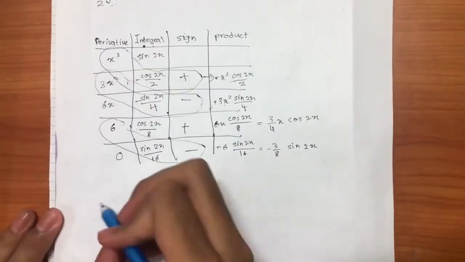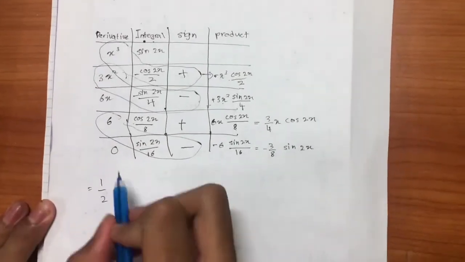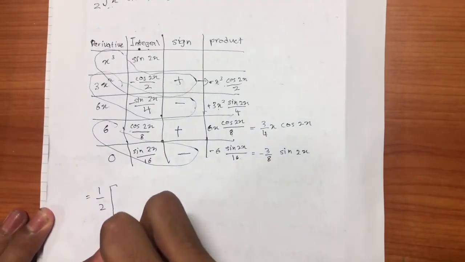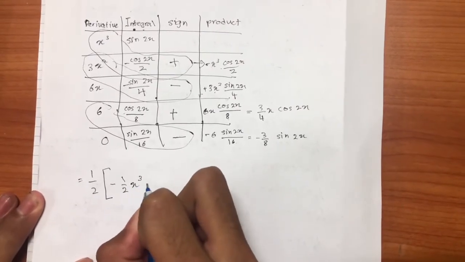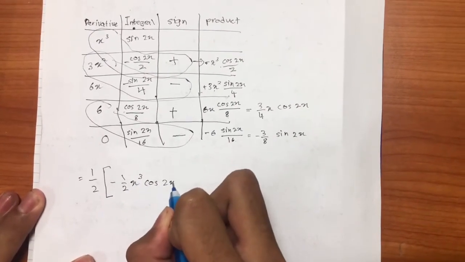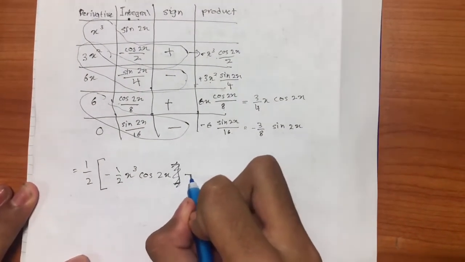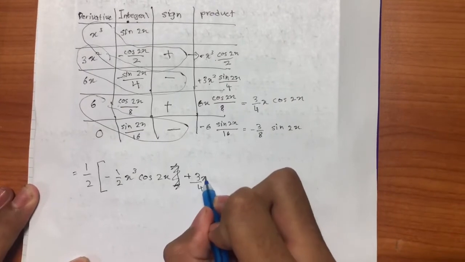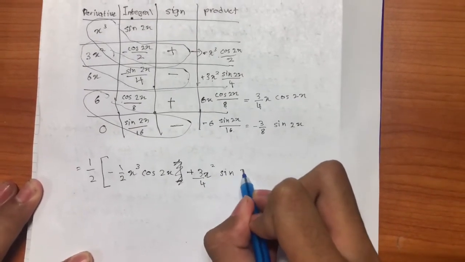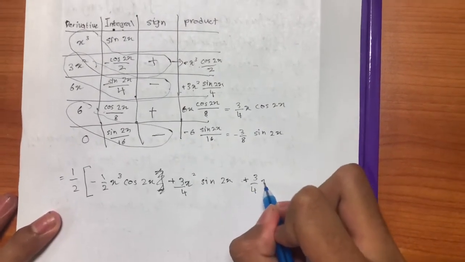So for the whole thing, we can write it as half of this, and then the integration of this into negative half x cubed cos 2x plus 3 over 4 x squared sin 2x plus 3 over 4 x cos 2x.